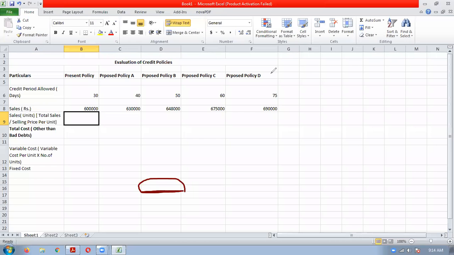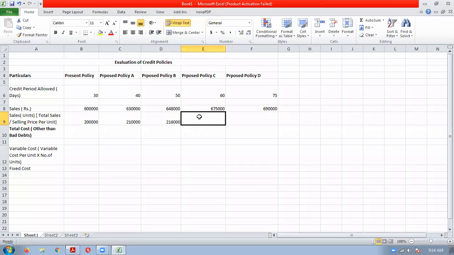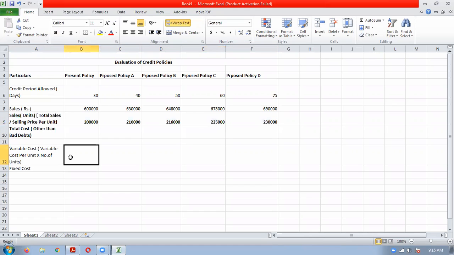Clear? So 6 lakh divided by 3, what will be the number of units? So we have calculated the number of units here. Now we can calculate the variable cost: multiply units into 2.